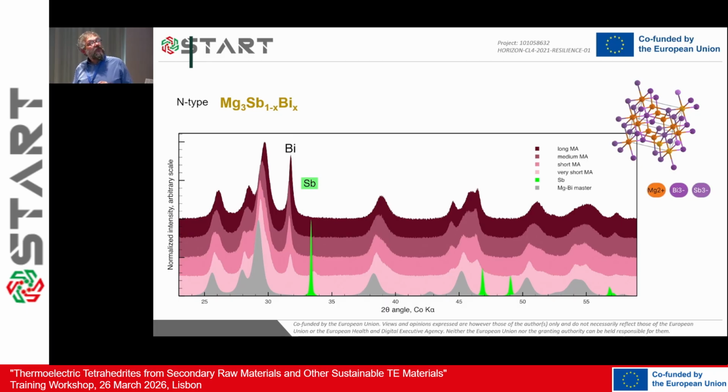And after some milling trials, you see that bismuth is appearing as a peak because antimony is taking completely its place, even if the amounts were balanced in order to get the final required alloy balance.